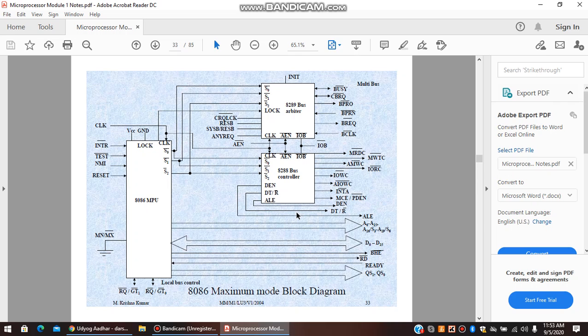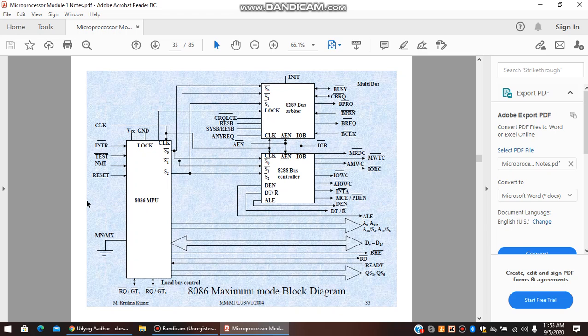The bus arbiter has various pins like busy, bus request, bus clock, bus priority, etc. Depending on how much time the microprocessor requires uninterrupted access, these pins would be used. In brief, we can conclude that the 8289 bus arbiter is used to lock the common resources dedicatedly for the 8086 microprocessor.